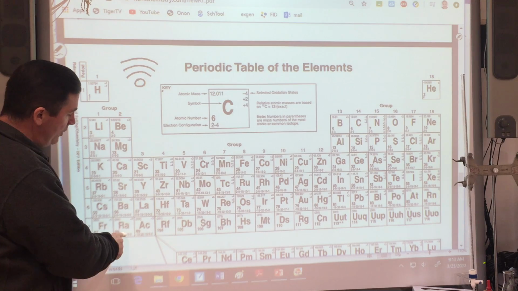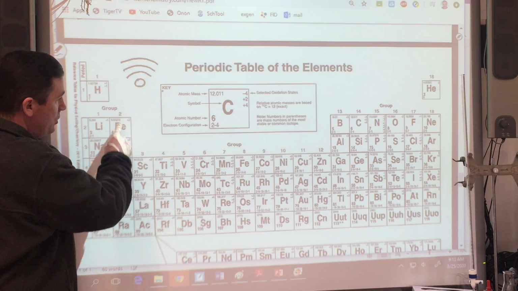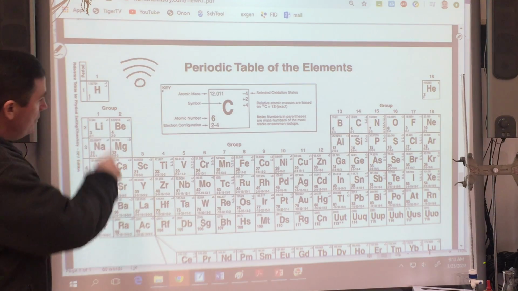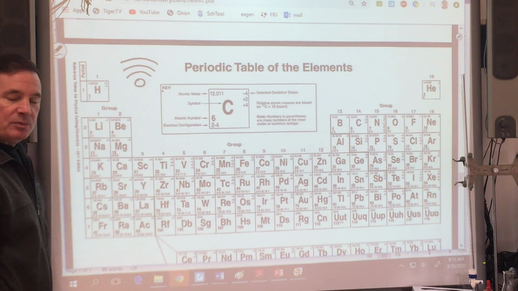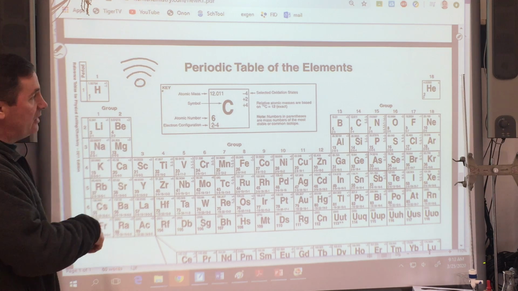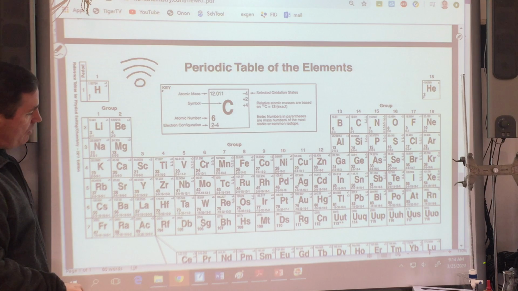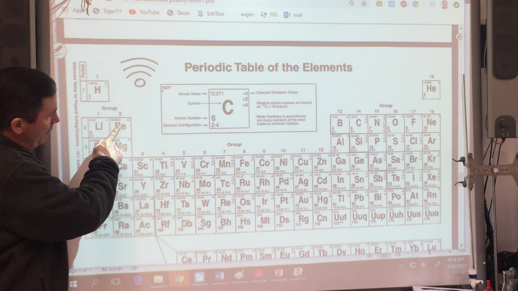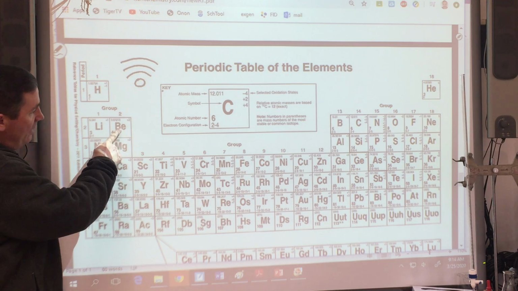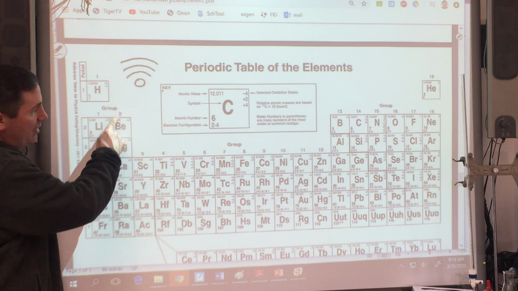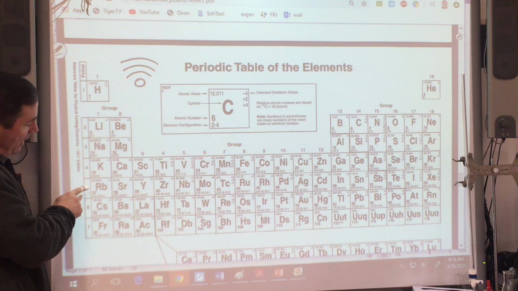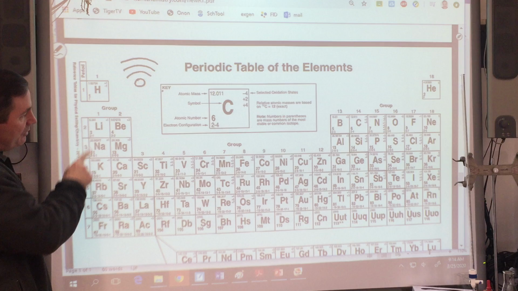If we go down a group, remember these are groups 1, 2, 3 through 12, and then 13 through 18. These are groups, and they're groups because they have the same number of valence electrons, or outside electrons. As you go from beryllium to magnesium, calcium, strontium, etc., what's happening here is we have the same number of valence electrons, but we're adding a PEL, an energy level, each time.